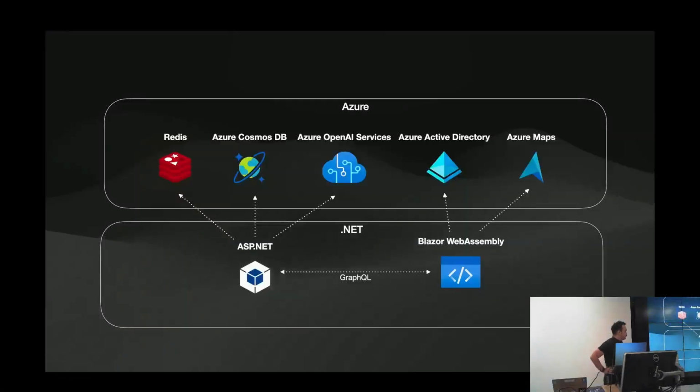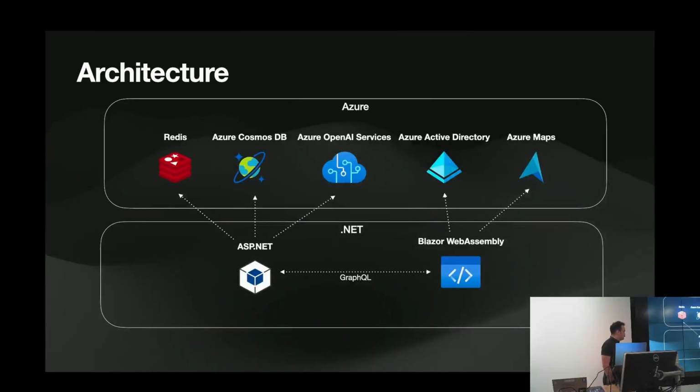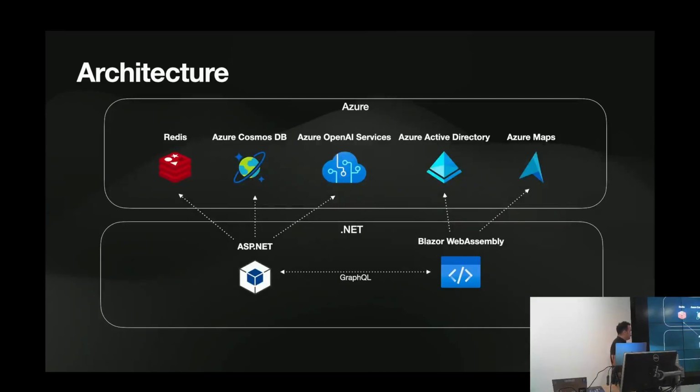So what's the overall architecture of this solution? There's a couple of moving parts that helped it all come together. First of all, on the back end, we're using .NET with ASP.NET Core. And on the front end, we're using Blazor WebAssembly. Now, the .NET backend persists all its data in Cosmos DB.